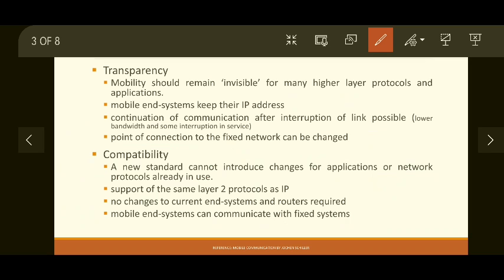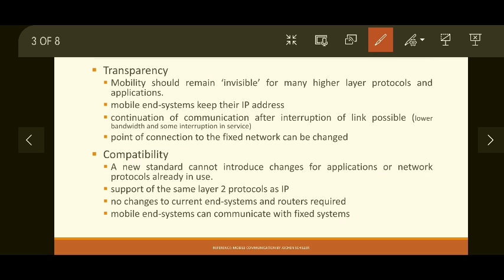The second requirement of mobile IP is compatibility. Mobile IP is developed after the standard IP, so we can call it a next version. While developing this next version, we should keep in mind that it will also support the older versions.